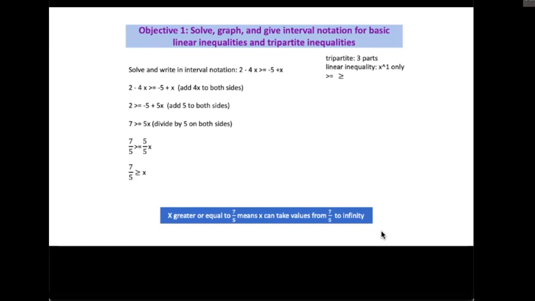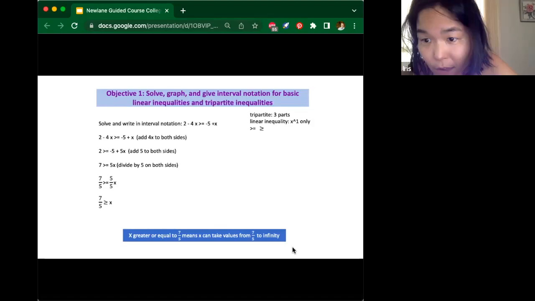Okay. So then I cancel the x on the left, but now I have this minus 5 on the right side, right? I have minus 5 plus 5x. So I add 5 to both sides. So then I get 7 greater or equal than 5x. Right? Because 2 plus 5 is 7, and then negative 5 plus 5 is 0.